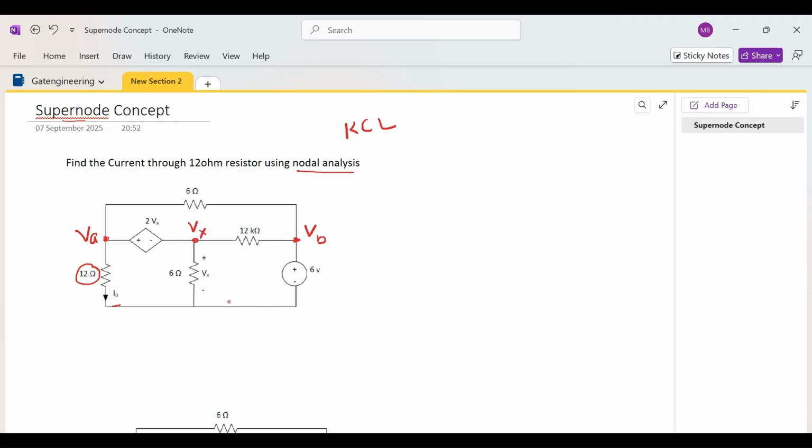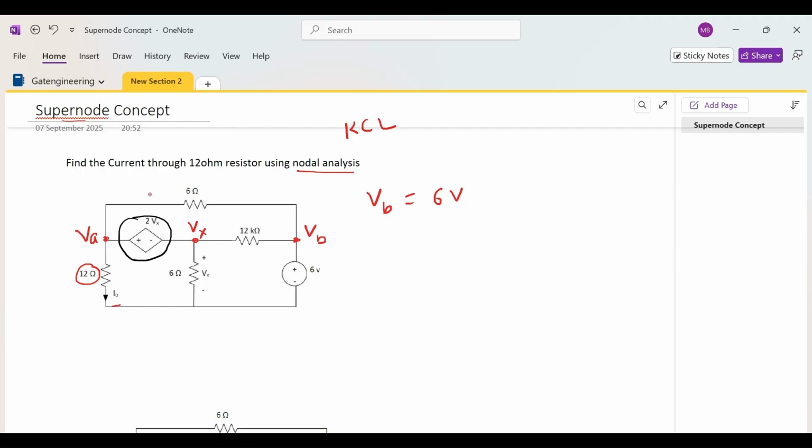It can be seen that voltage VB is equal to 6 volt. In this branch, we cannot find any current through this voltage source because there is no resistor here. We should know the resistor to find the current using Ohm's law.